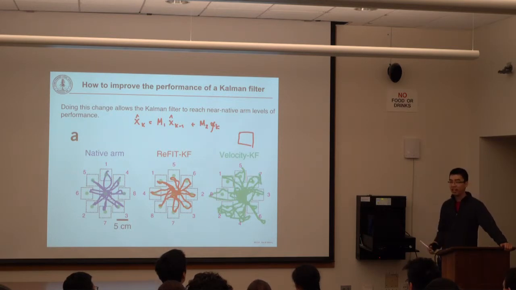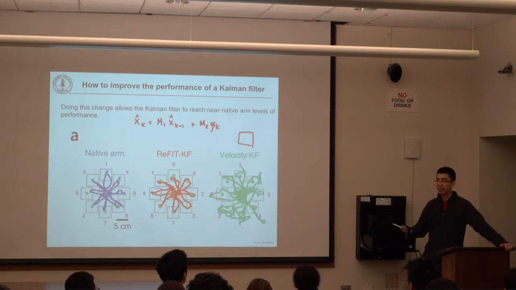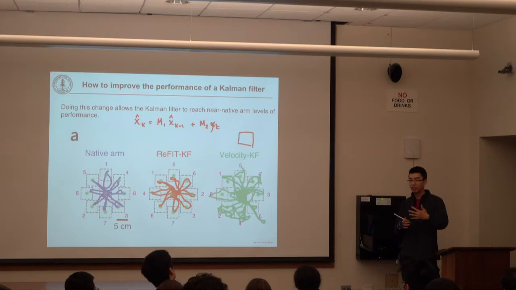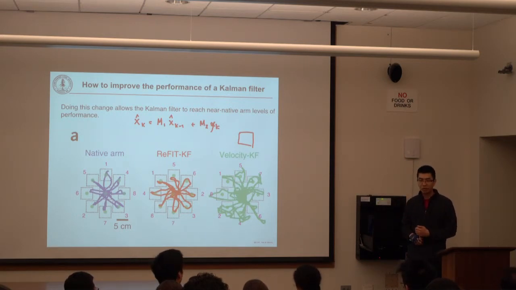Up in Berkeley, there's a professor named Jose Carmena, and he's very interested in looking at how learning occurs in these systems and how neural plasticity occurs in these systems. What he has done is give pseudo-random decoders to the monkeys where the weights are all intermingled. It's not completely random, but it's random to a large extent. And they see that the monkey can learn to use this decoder over the course of days.